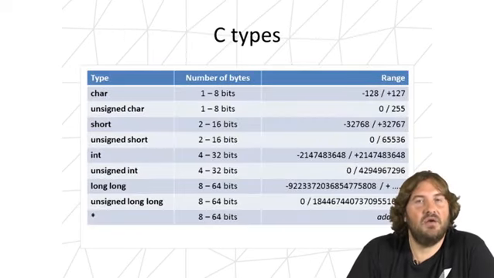C uses types to represent data, and so we'll have several types. The first type is what we call char, C-H-A-R, which is an 8-bit, so a byte. So it can represent numbers from -128 to +127.